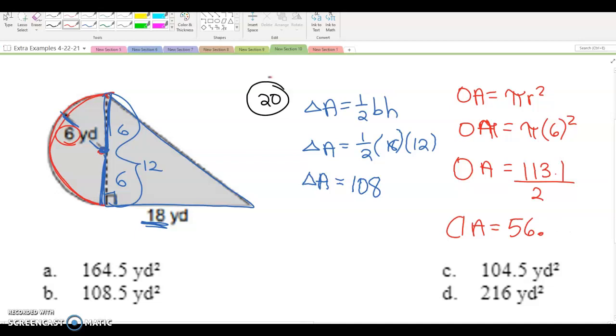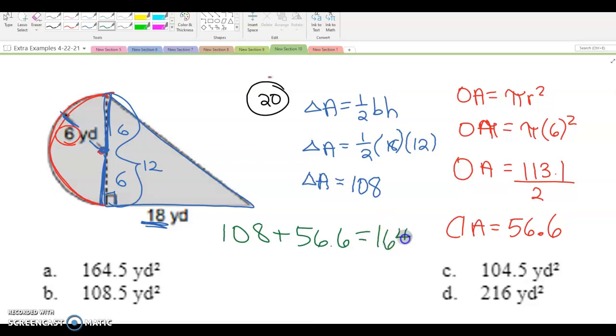There we go. And now we'll take those two numbers and add them together. So what's 108 plus 56.6? 164.6 yards squared. The decimal point would be a little bit off, but that would be A as well.